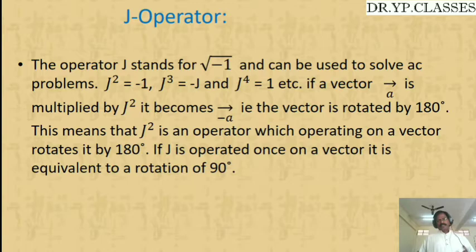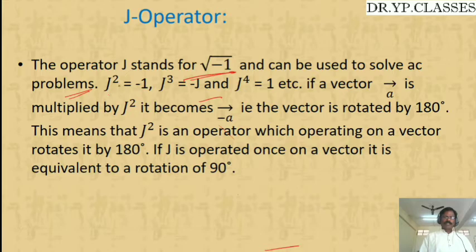So let us come to the J operator. This is an operator which is used in solving circuit problems in electricity. J stands for root of minus 1, and can be used to solve AC problems.